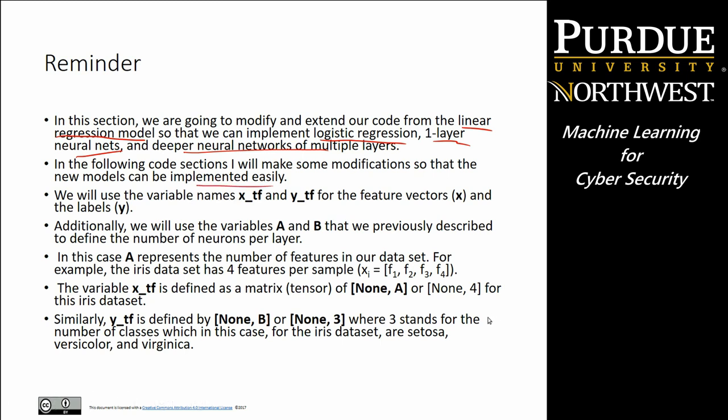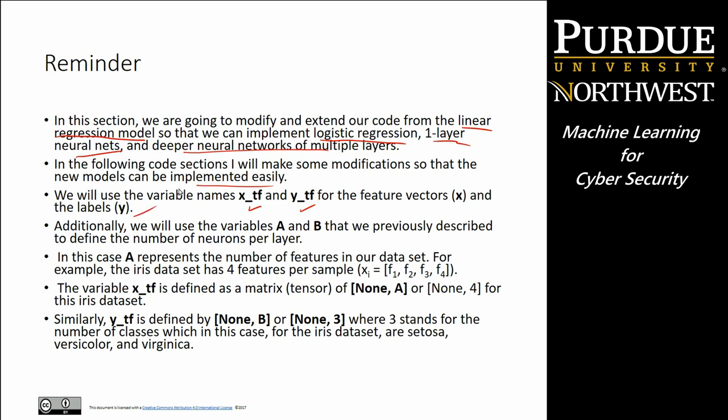All right, so now I'm going to become more consistent in my naming conventions, just so that I know what I'm talking about. So I will use, for instance, XTF and YTF now throughout the rest of the code to indicate the X data, the features, and the Y vector, the labels.